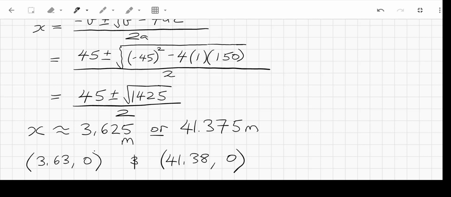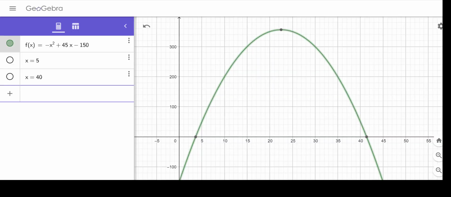If I go back to my graph here, just to point out all of the key points, I have the left x-intercept here, 3.63, 0, the right x-intercept at 41.38, the turning point, which was up here at 22.5, 356.25, so that was the maximum area, and the y-intercept down here at negative 150.